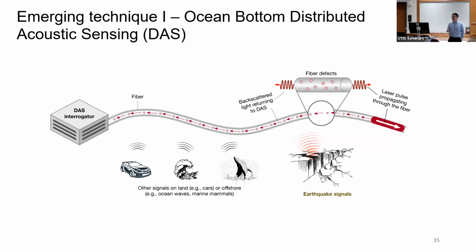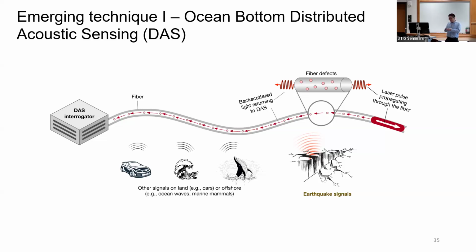The opportunities here that I'm talking about, the first one is the emerging technique of distributed acoustic sensing. This is a kind of hot topic in seismology in the last few years. What this technology does is it turns a tens of kilometers fiber optical cable into thousands of seismometers. And how to get that is what we do.